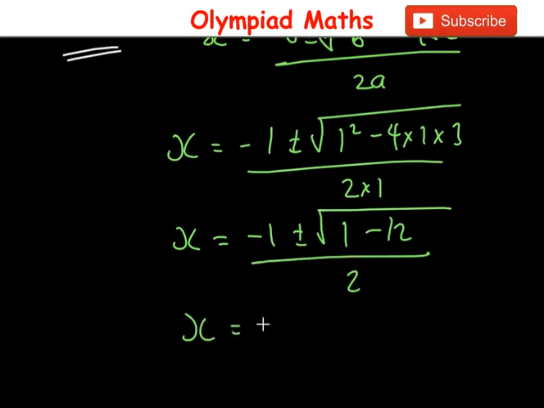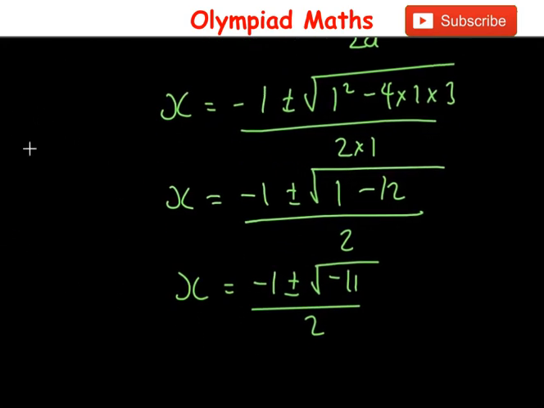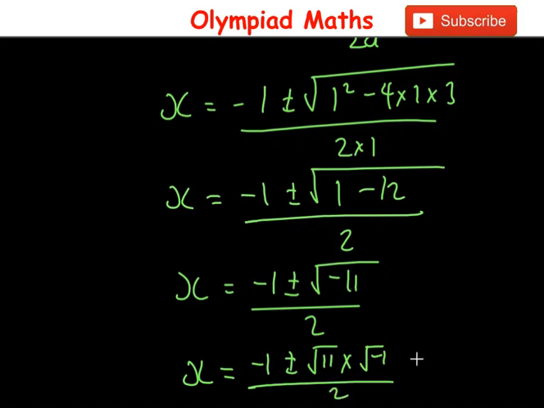So x is equal to minus 1 plus or minus the square root of 1 minus 12, which is minus 11, all over 2. Such that from here, we have the value of x equal to minus 1 plus or minus, we can write this as root 11 times root minus 1, all over 2. And this equals minus 1 plus or minus root 11 times root minus 1, which is i, then divided by 2.